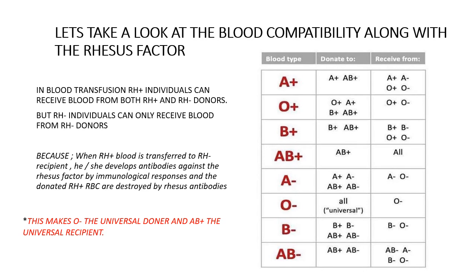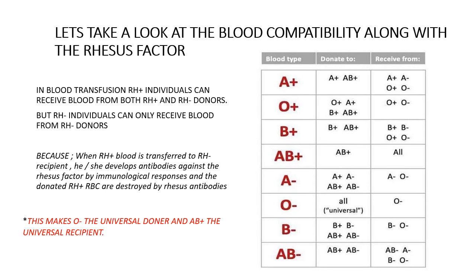Let's take a look at blood compatibility along with the rhesus factor. In blood transfusion, rhesus positive individuals can receive blood from both rhesus positive and rhesus negative donors, but rhesus negative individuals can only receive blood from rhesus negative donors.